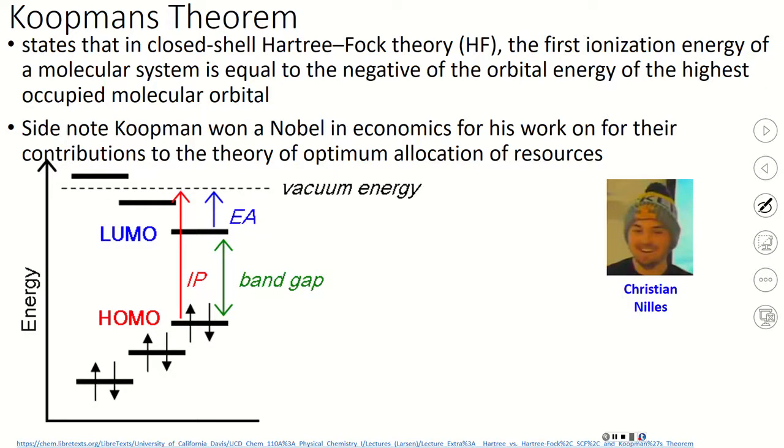If we remove an electron from the highest occupied, the total energy will be less by the energy of this orbital. If we add another electron to the lowest unoccupied, the energy will be more by the energy of this orbital. And if we excite from HOMO to LUMO, the total energy will change by their offset, right?